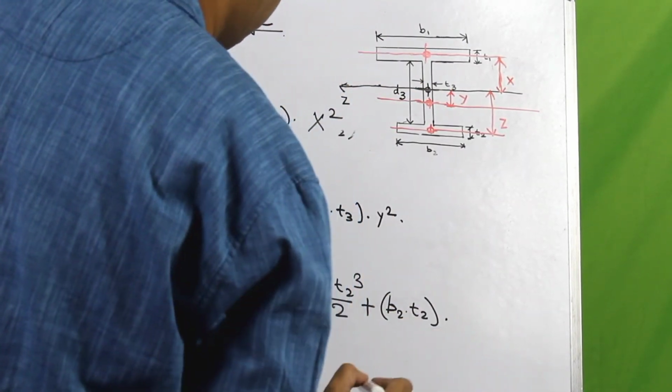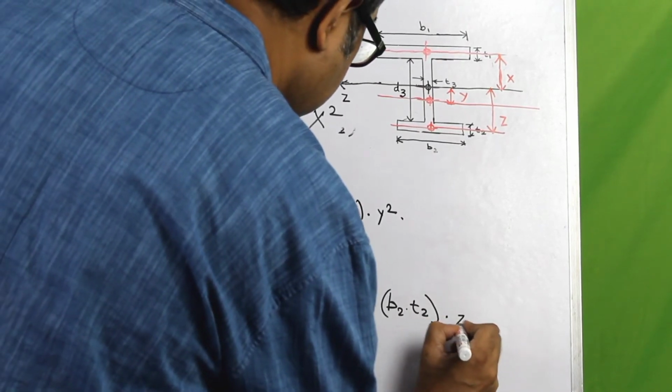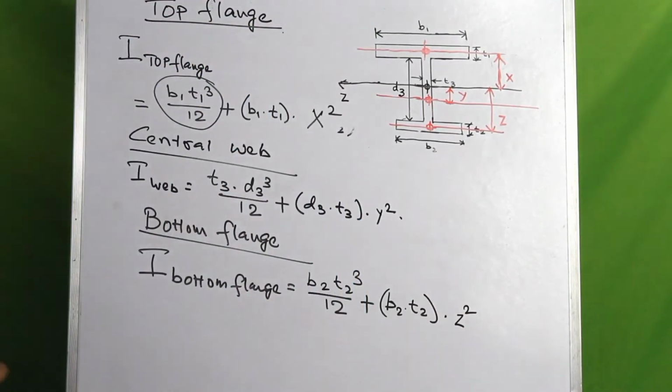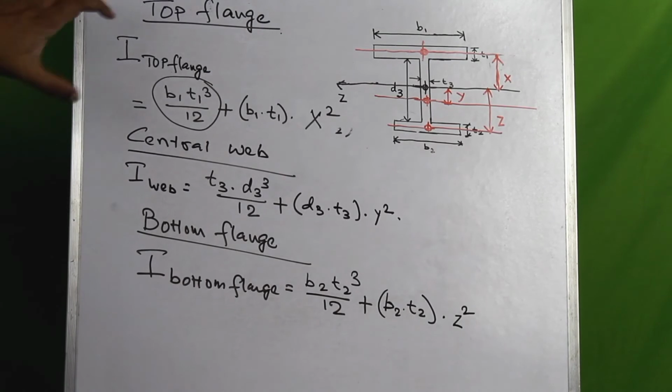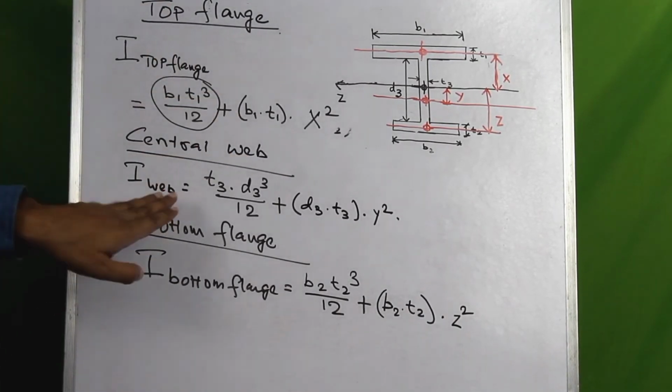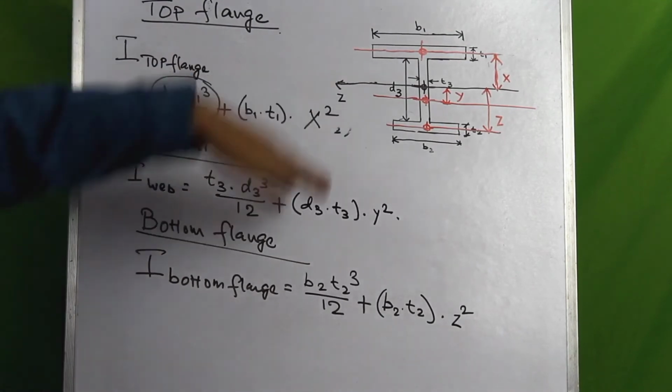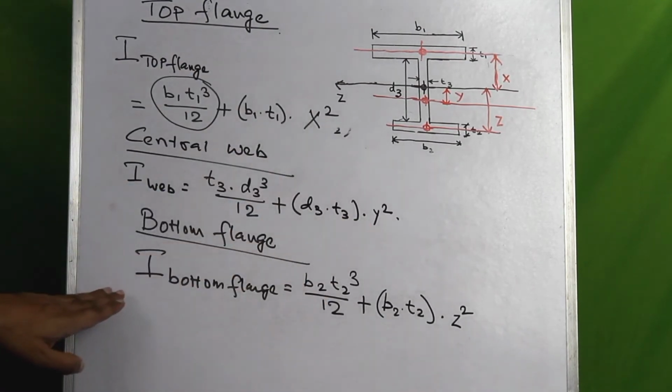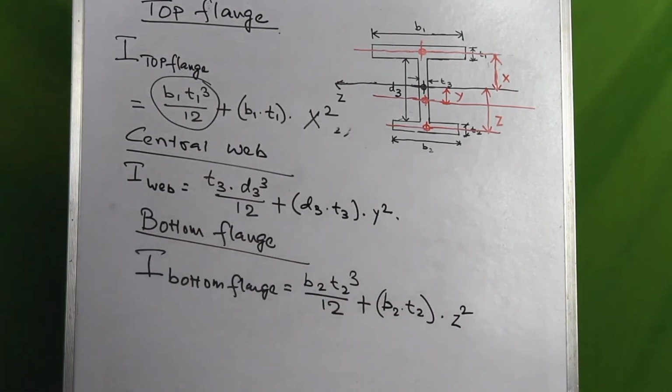So it would be given as z square of the distance. So now the contribution from the top flange is this much, the contribution from the central web is this much, and the contribution of the bottom flange is this much.